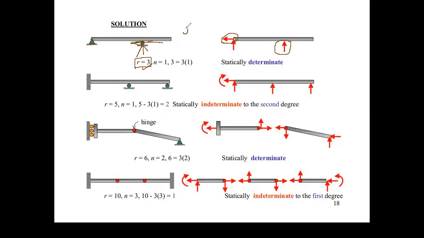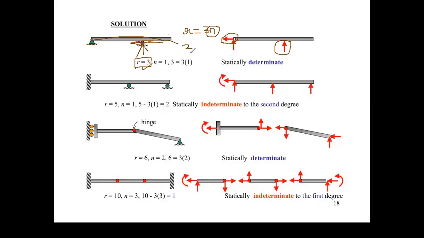So let's use the relation R is equal to 3N. N is the total number of members. So how many members are there? This is one member.